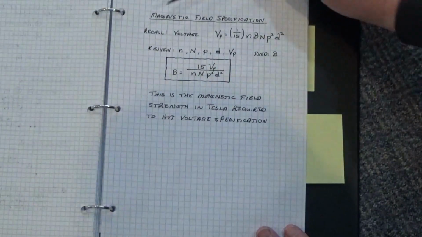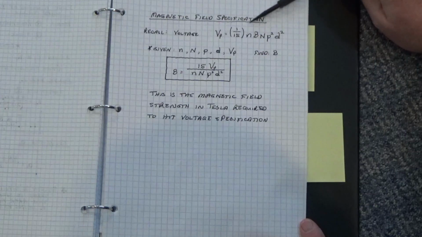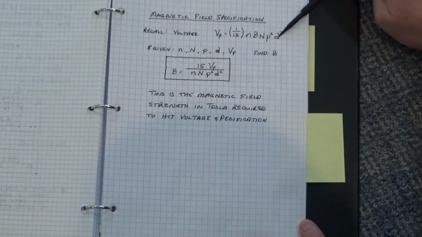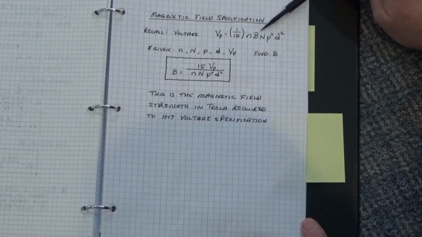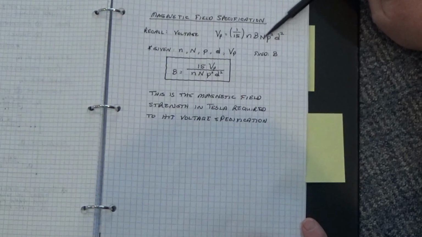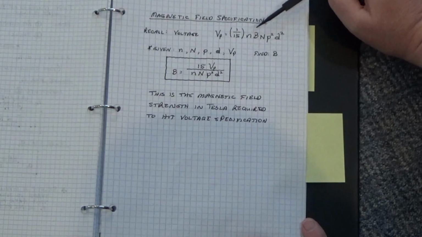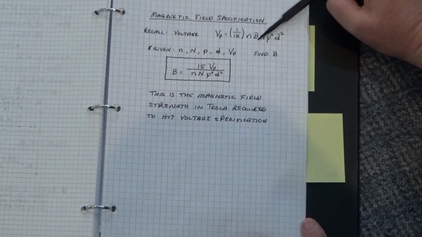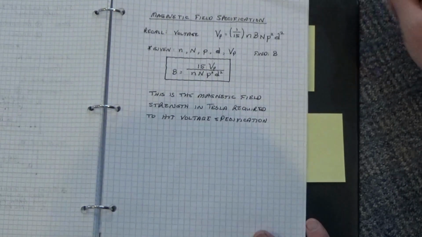And then from there we can use this voltage equation, since we have the number of turns and we've assumed a diameter. We're just working with a diameter and a number of poles. We've got our speed that we want to hit and our peak voltage. So we can calculate what magnetic field strength we need in order to meet our voltage requirement.